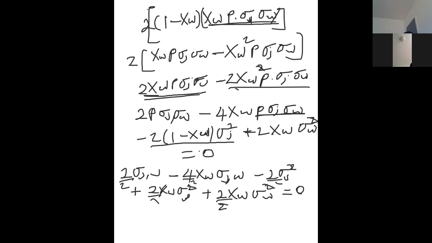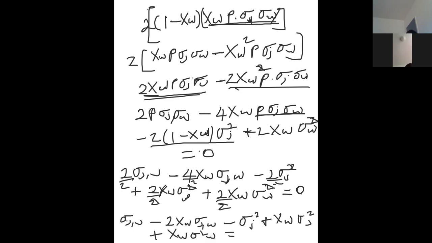Now this one will be covariance between J and W, minus 2 XW covariance between J and W, minus variance of J, since minus 2 divided by 2 becomes variance of J, and then this part becomes plus XW variance of J plus XW variance of W equals to 0. Please, up to this one, is it okay with everybody?